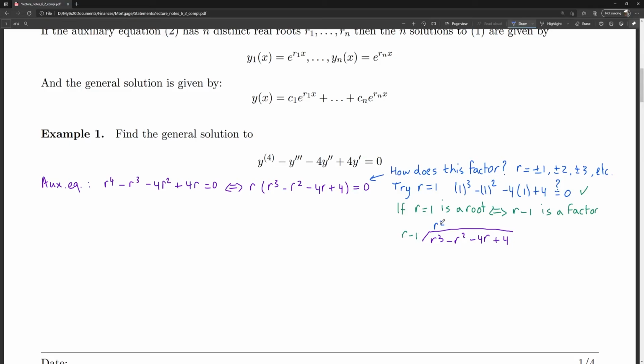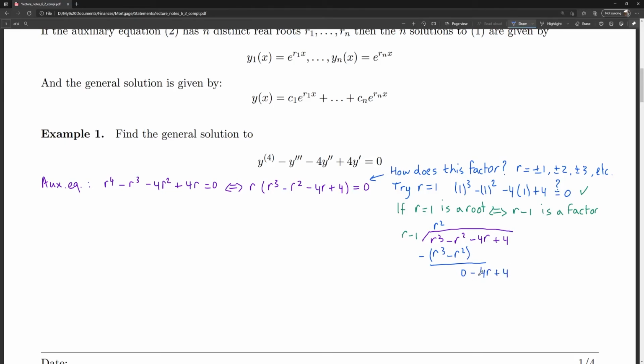And now we multiply r squared times r minus 1, and we get r cubed minus r squared. And then we subtract that from our equation, and we get 0. Now we bring down the negative 4r, but because this completely canceled out, we also bring down the plus 4 there.